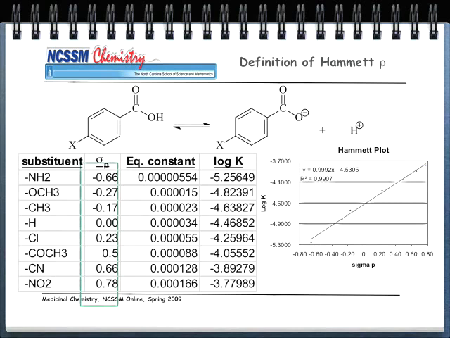A chlorine, the CN group, the NO2 group all give me positive values of the Hammett constant there. What you should notice there is what's happening with the log of K. As I get more positive values, the log of K is going down, and that's going to change the acidity of the particular reaction.